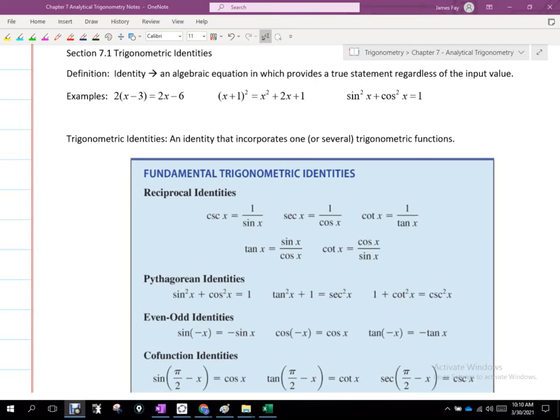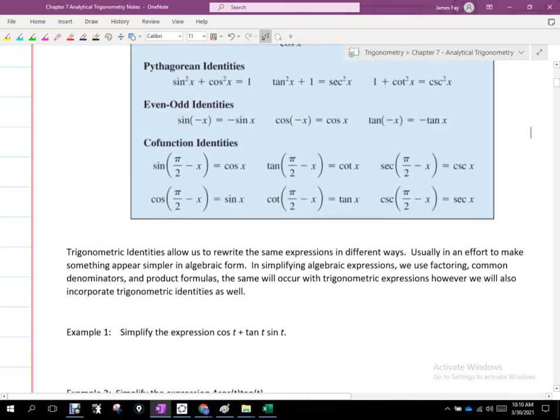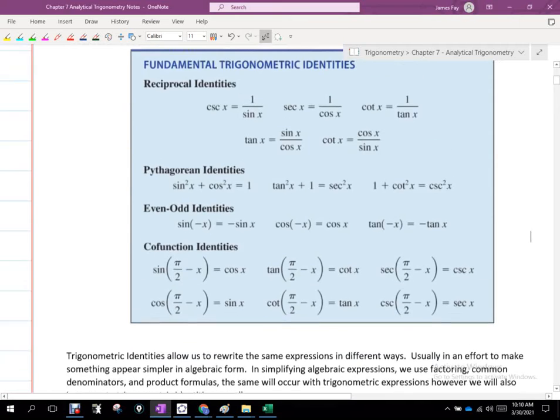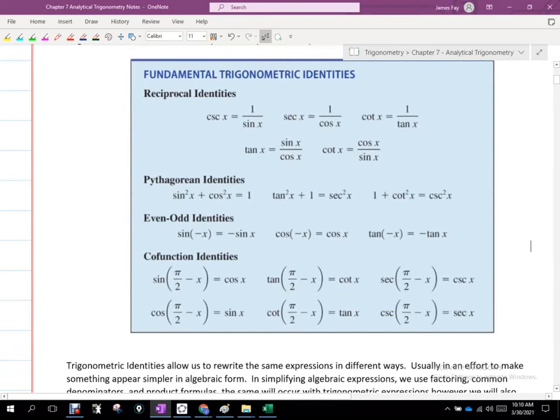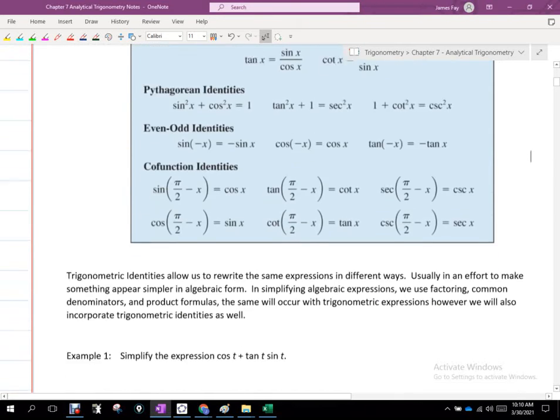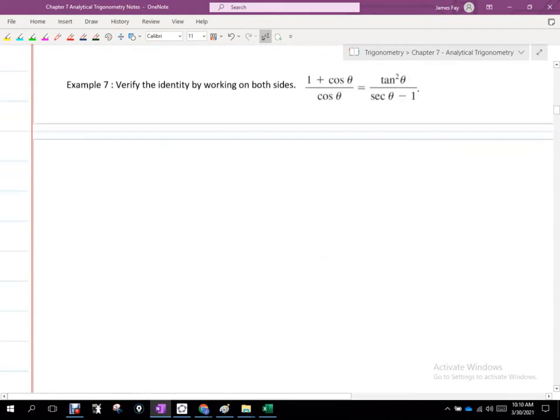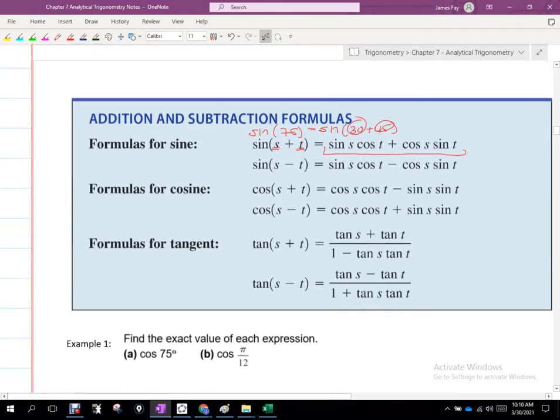If we run through real quick, so these are the identities. Hopefully these are fundamental identities that we already know. If we already know those, and we're talking about it a little bit more today, those help us build these, which are new formulas.